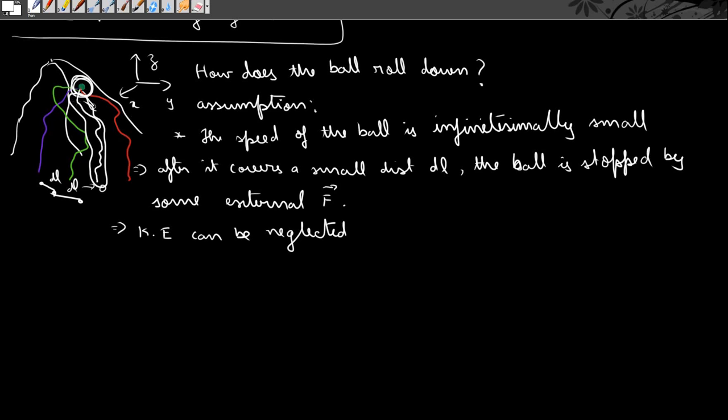So why does the ball take a particular path? Why not take any random path? So to answer this question, we need to know what is the condition that is followed when the ball follows this particular path which is shown in white.